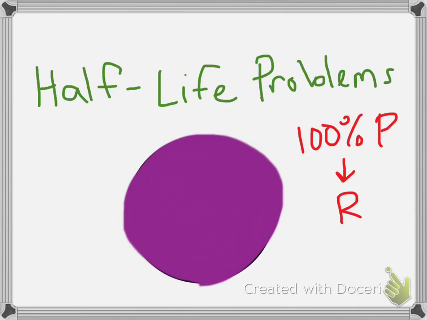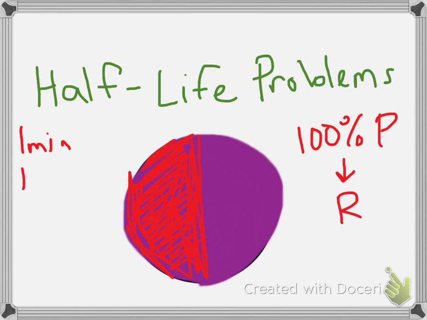If the half-life was 1 minute, after 1 minute, half of it would now be the red element, no longer the purple element. This whole thing would now be red, and only half would be purple.